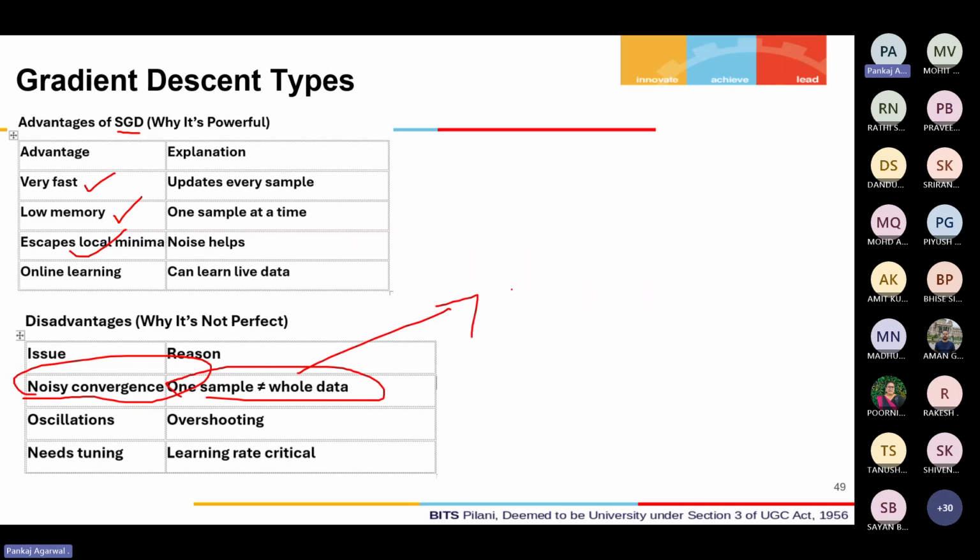And since we are updating it one at a time, at times it might move towards positive, at other times it might move towards negative, and then it does not represent the entire data, right? So you will never know where exactly you're heading towards, right? So there might be many overshootings, many oscillations might take place, and you might take quite long to actually converge, right? So a lot of tuning is required, and still after tuning you may not reach anywhere.